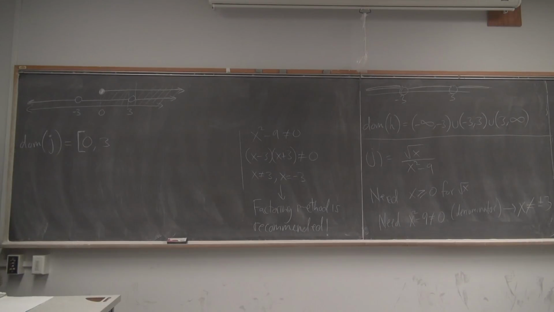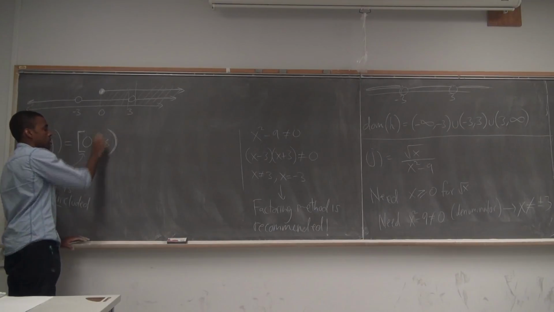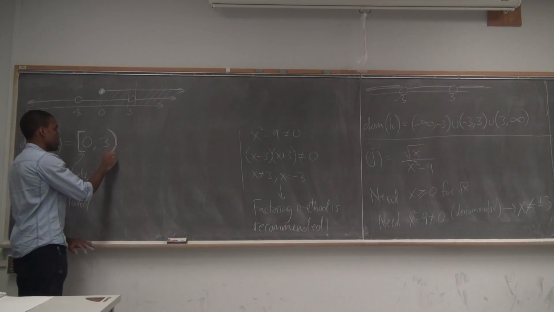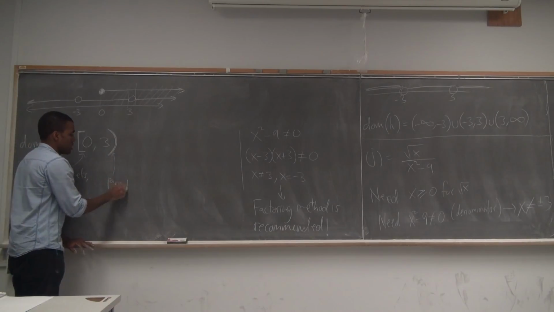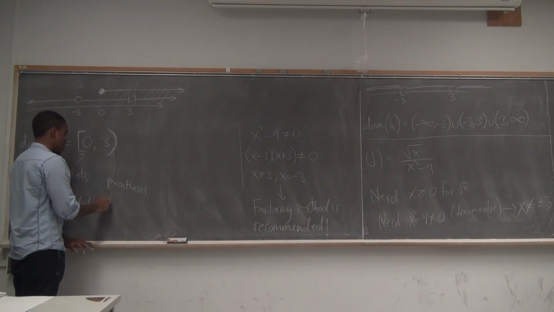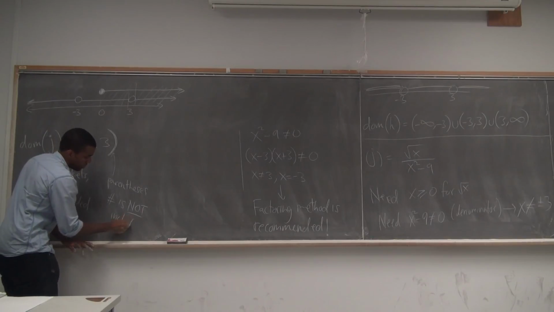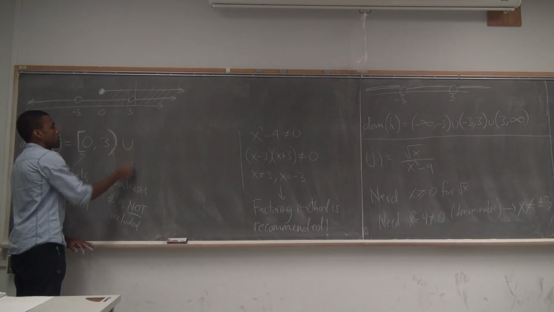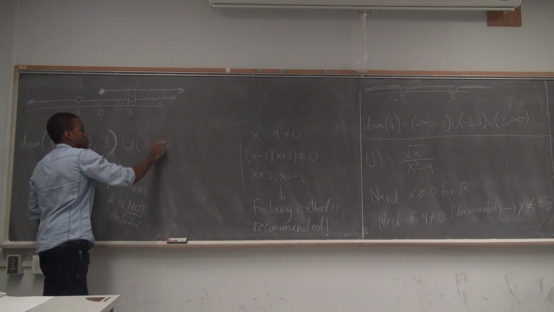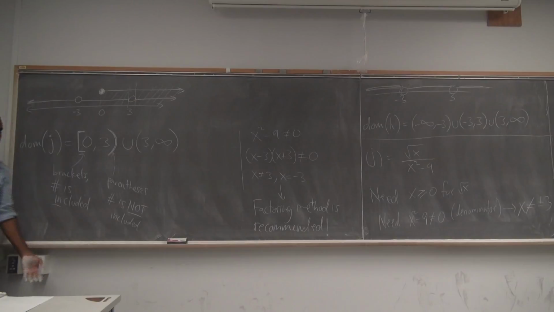We use closed brackets to mean included. 3 has to be avoided though, because that makes the denominator 0. So parentheses, number is not included. Or I can be 3 and bigger. Infinity is of course not included, it's not an actual number we can attain. So that would be your answer to the domain here.